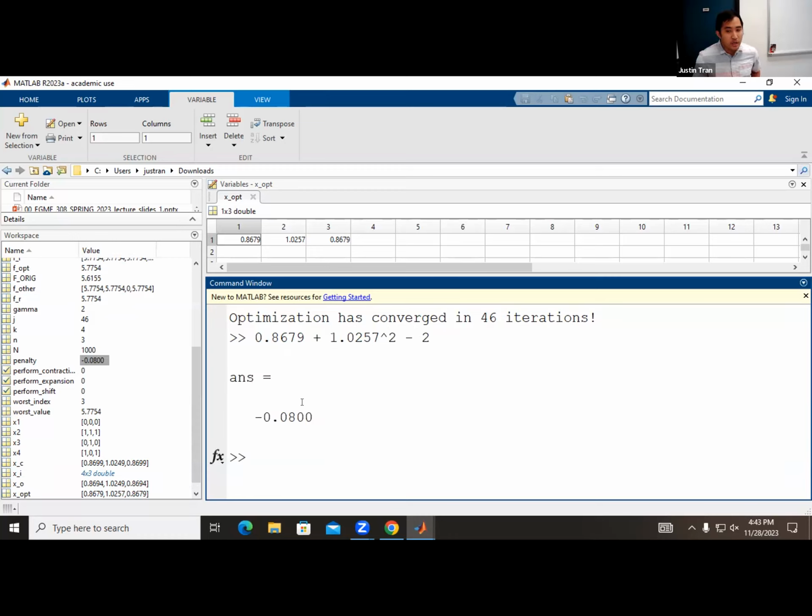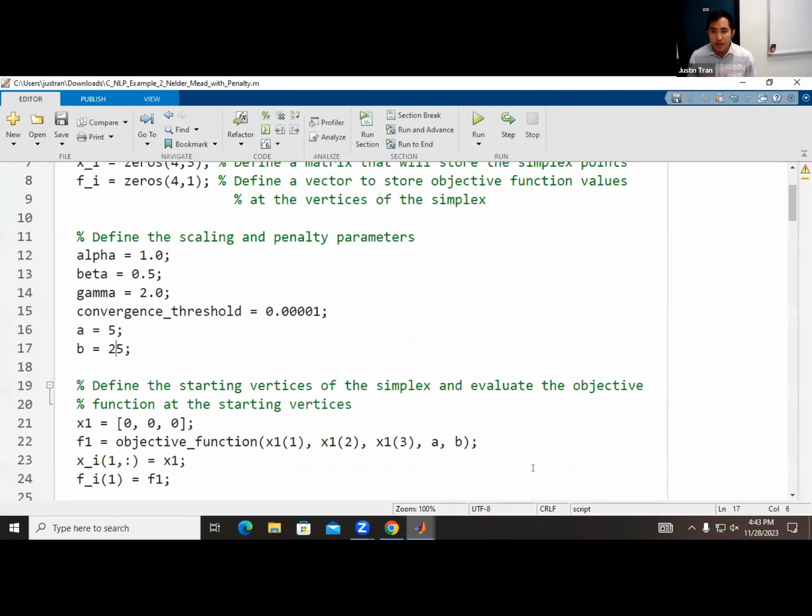You can see here that we get something that's much closer to 0, right? And so this is much closer than it was before. And the reason for that is because we increased the value of this penalty parameter here, okay? And so the idea is that you can play with these penalty parameters to improve the enforcement of your constraints using the penalty method.